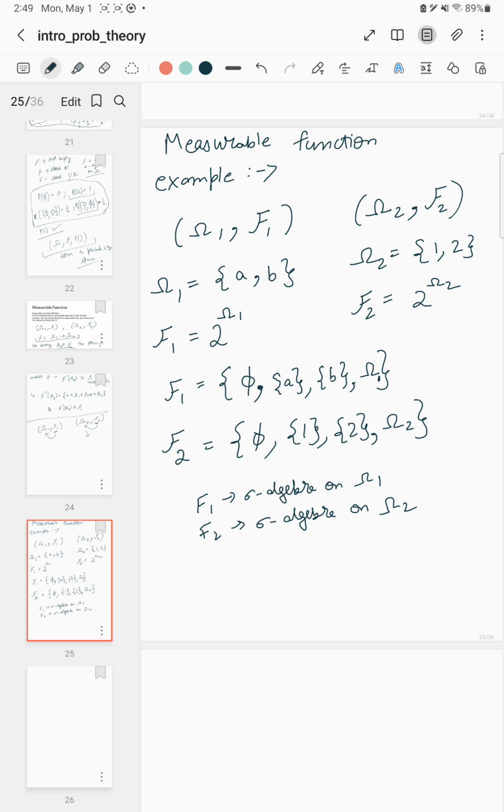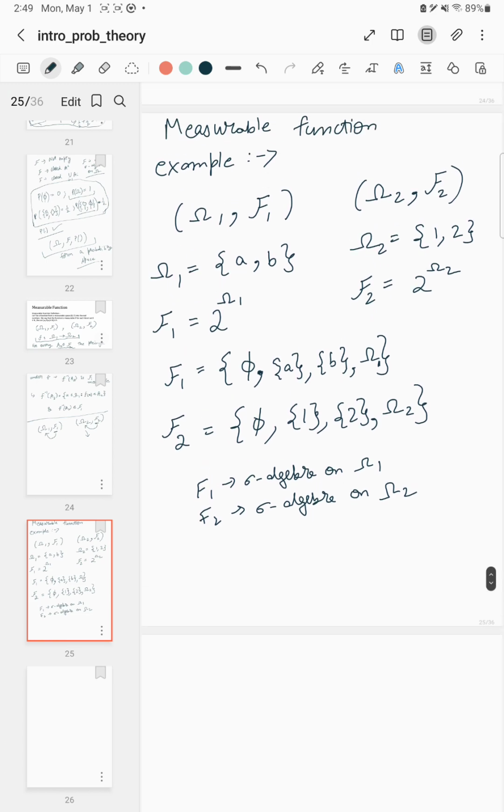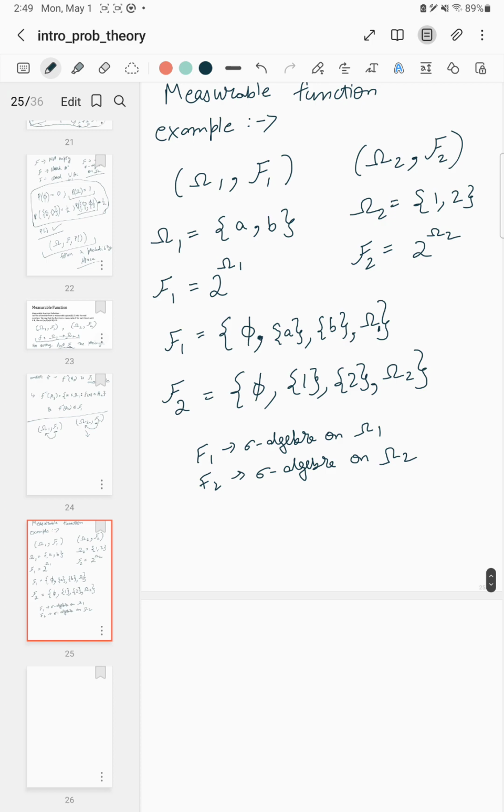Okay. Now let's define the measurable function on these measurable spaces. So the measurable function f, let's say we define it from omega 1 to omega 2. So this is the domain of this measurable function, and this is the range. Okay.